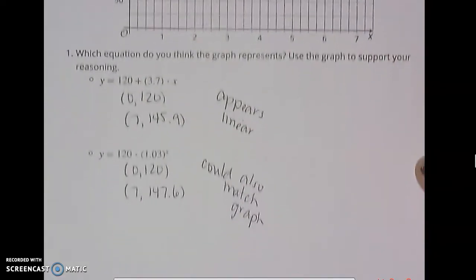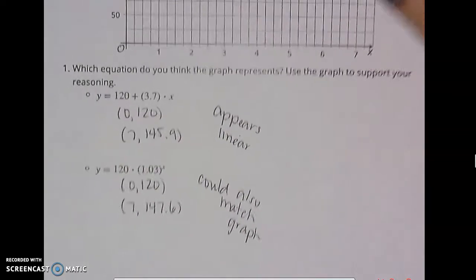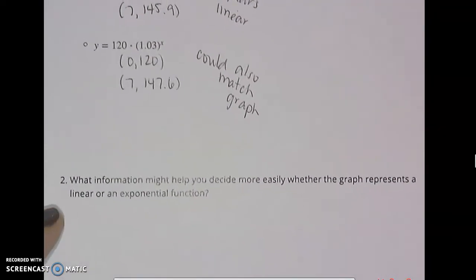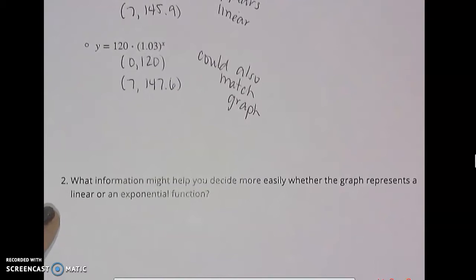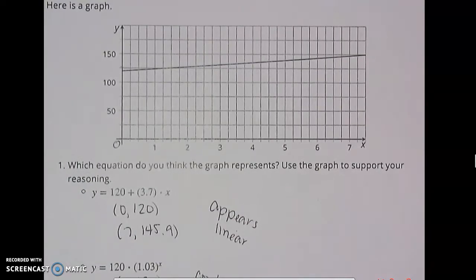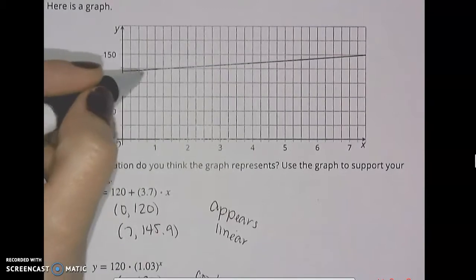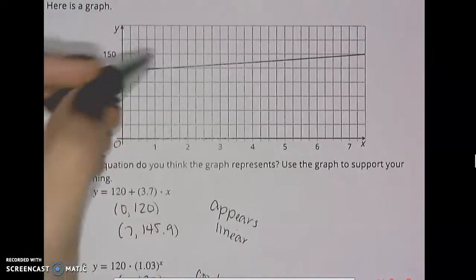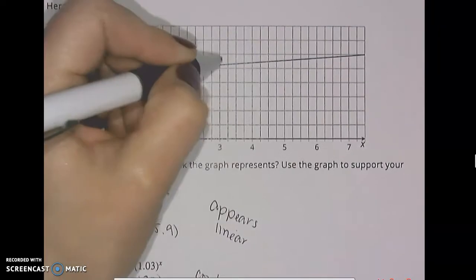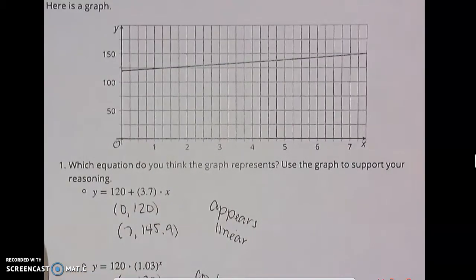So then what information might help us decide more easily whether the graph represents a linear or an exponential function? What could we use in this graph to help us? So if we're looking at this graph again, what could help us? Knowing, like, if they actually put the coordinates of these points, we could then see what's happening.